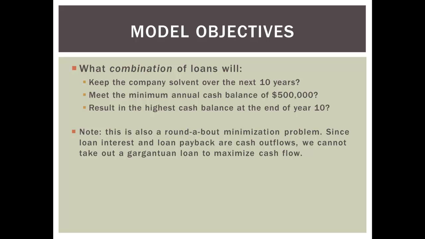So Penn Interest cannot go out and take a $100 million loan in year 1 because it will all have to be paid back with interest by the end of year 10, and there just isn't the projected cash flow to do that by any stretch of the imagination. It's a balance between loan amounts and interest within our given constraint of an annual balance of $500,000.